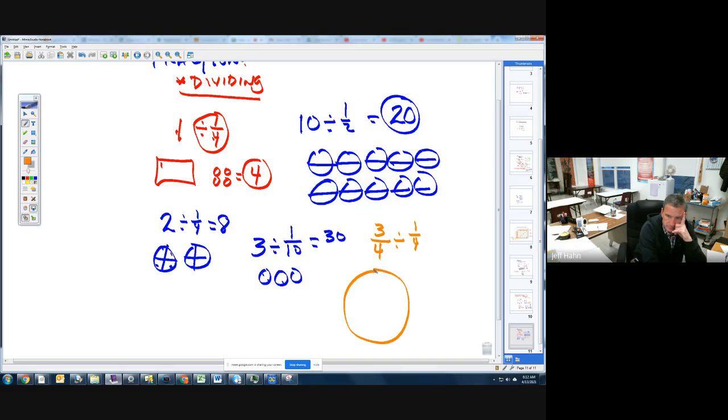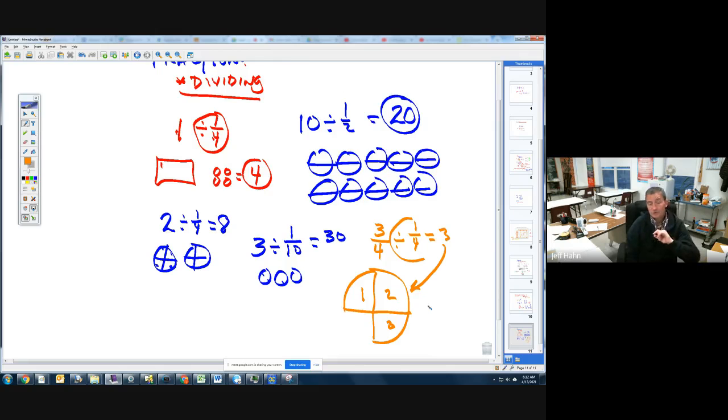I am cutting my circle into quarters, and I have 3 of them. Here's my 3/4. How many quarters can I take out of 3/4? Well, here's 1/4, there's 2/4, there's 3/4. So the answer is 3. There are 3 1/4s in 3/4.